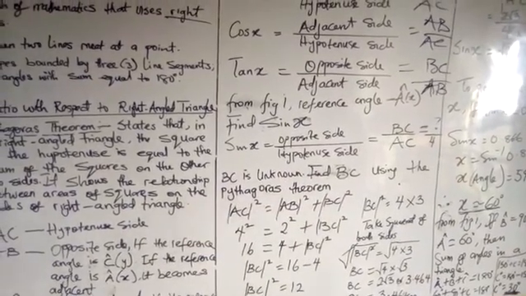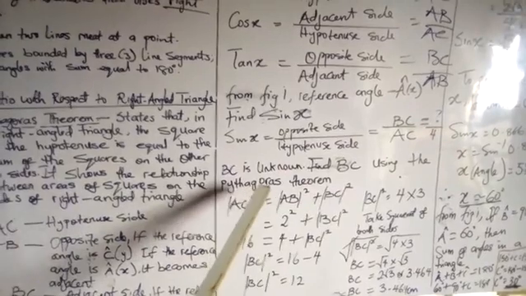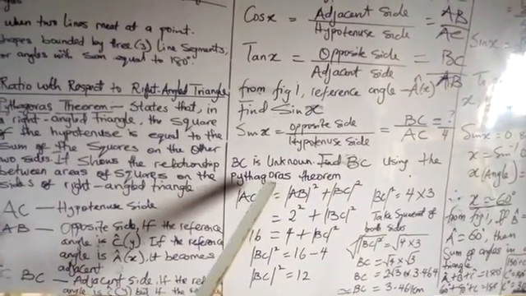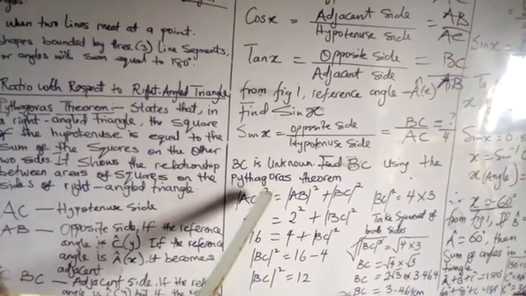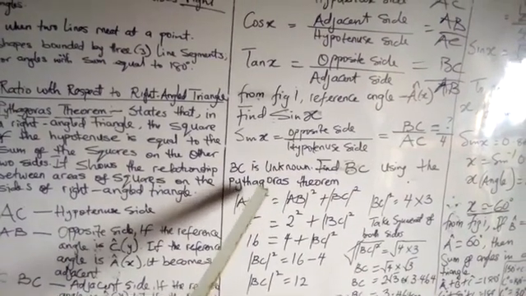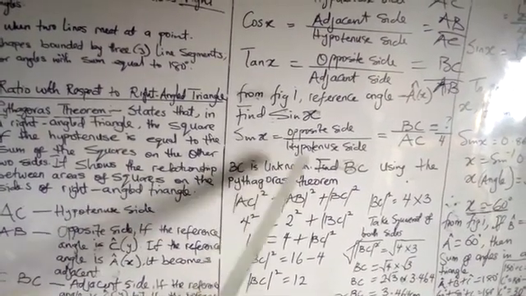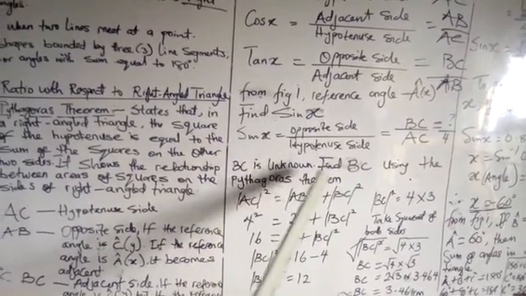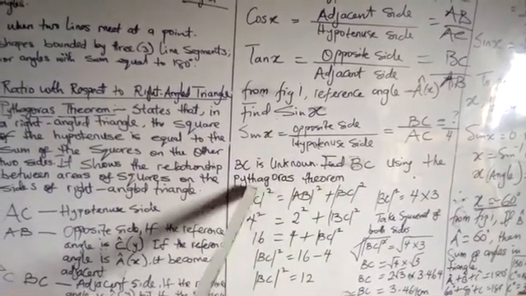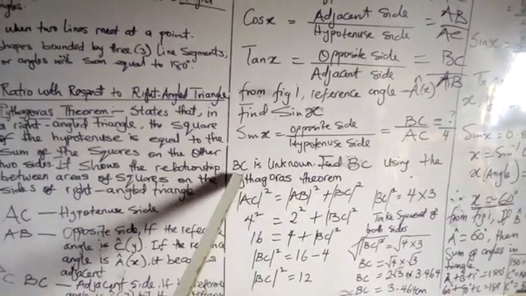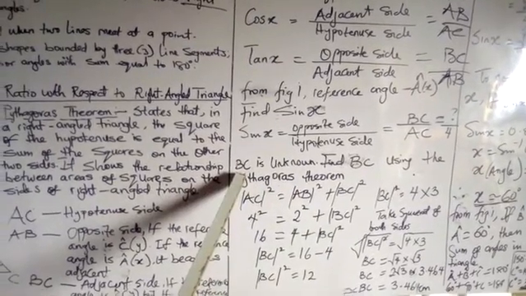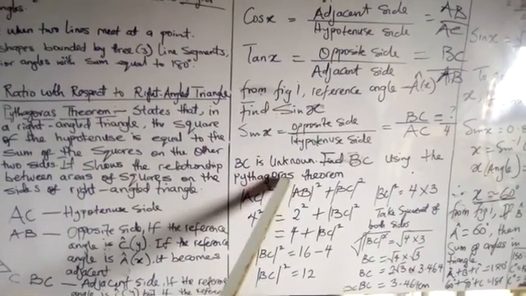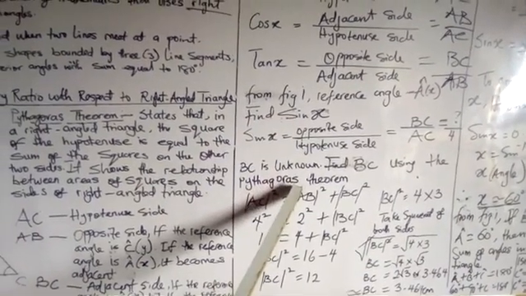That was why I was saying that you will definitely need to understand the rules of Pythagoras theorem and the reason for us to consider it. We are only to find sine X, but in the course of looking for sine X, there is one side that is unknown, and we can only solve that side using Pythagoras theorem.